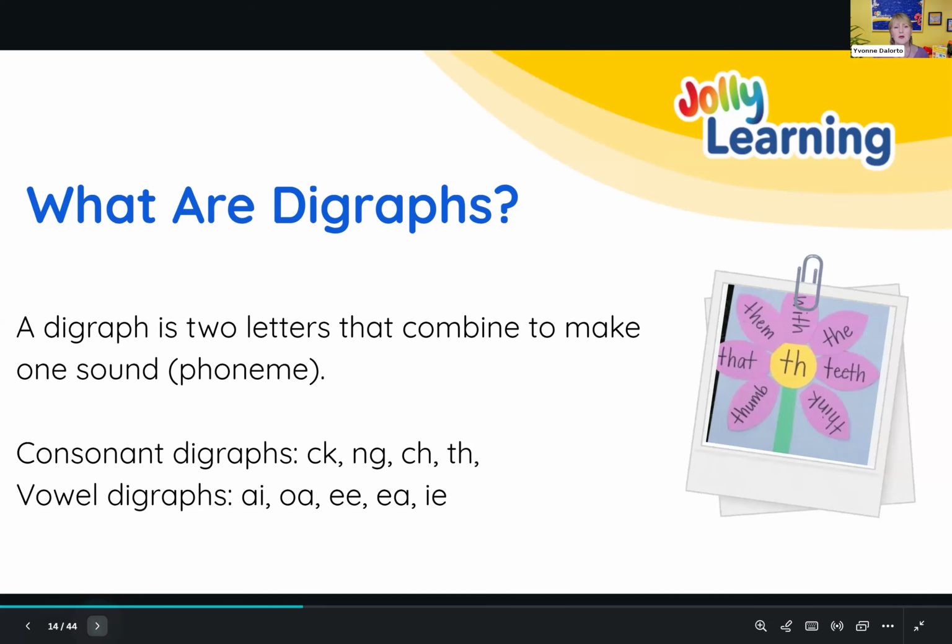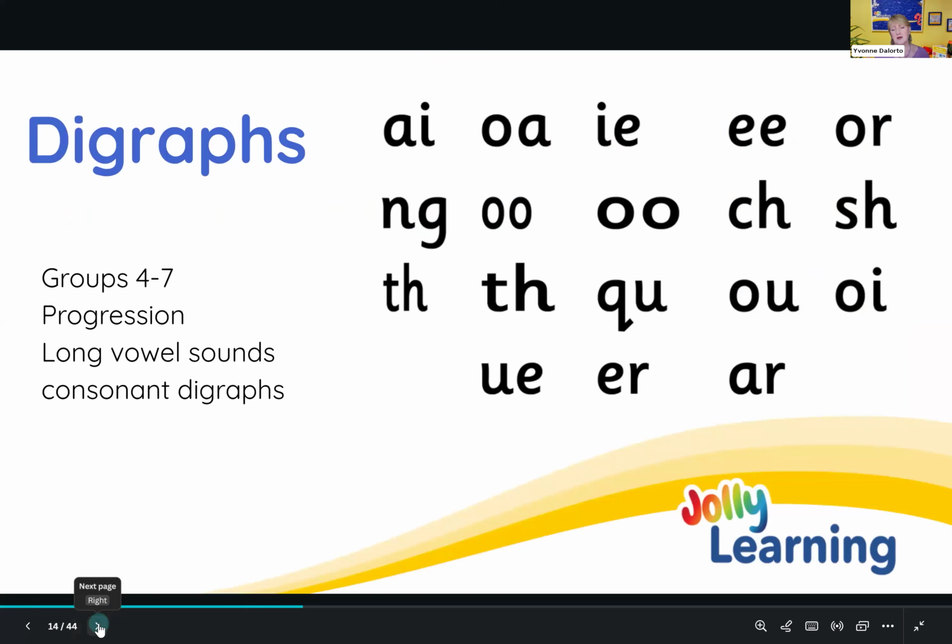So within the program, these are how the digraphs are displayed. And as you've pointed out, we have the long vowels first, and then we move on to other ones. And these are also indicated. We have the long oo and the short oo, which are done in different fonts to help children with pronunciation.